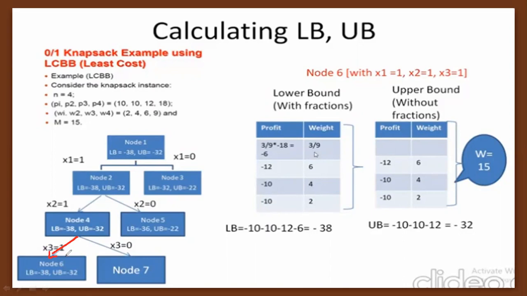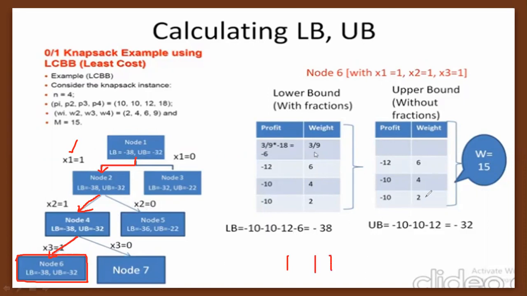Now you can calculate the upper bound and lower bound values for node 6. How to calculate them? If you observe clearly, this is the path from node 1 to node 2. That means item 1 is completely selected, item 2 is completely selected and item 3 is completely selected.